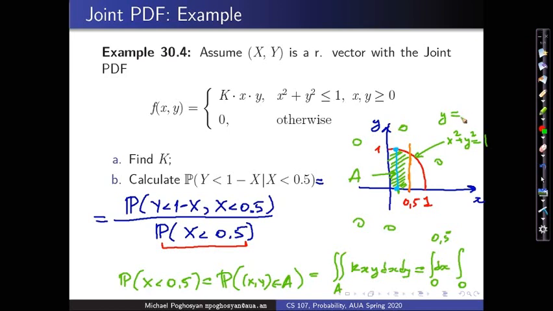We are getting y equal to, with positive sign, square root of 1 minus x squared. Y is positive because y is above this line. So square root of 1 minus x squared of our kxy dy, because we have integrated already in terms of x. So this integral will give the probability that x is less than 0.5.